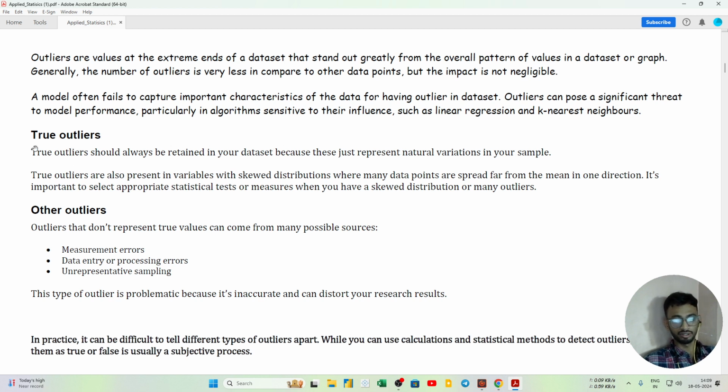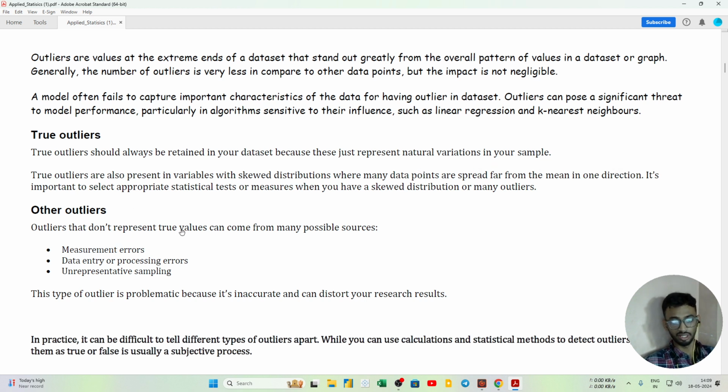So there are two types of outliers. True outliers should always be retained in our dataset because they just represent natural variation in your sample. The natural outliers in our dataset are true outliers.